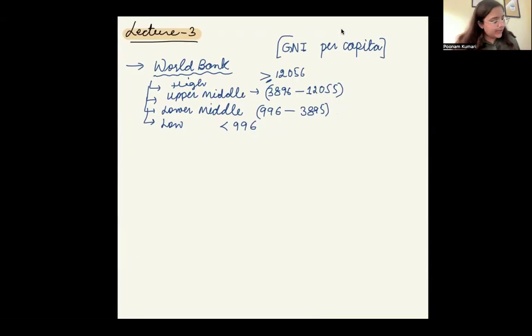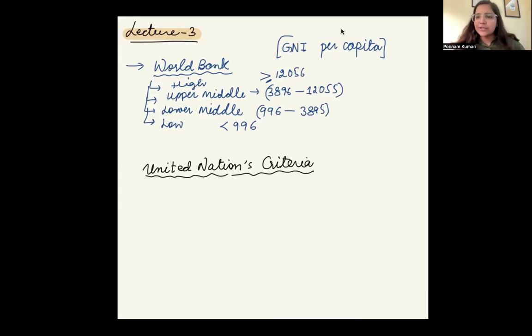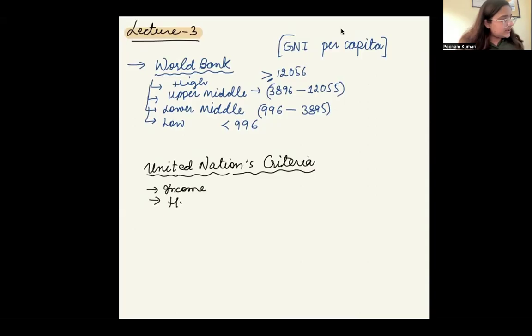So in order to take care of that, we have something called the United Nations criteria. And the United Nations criteria of dividing countries into different parts, what is that criteria? So it not only captures your income, what else is it capturing? It is also capturing something which is very important, which is health, and it is also capturing your education attainment.